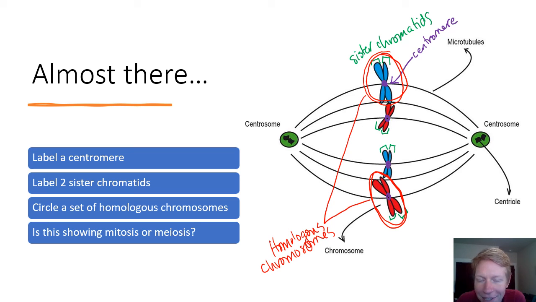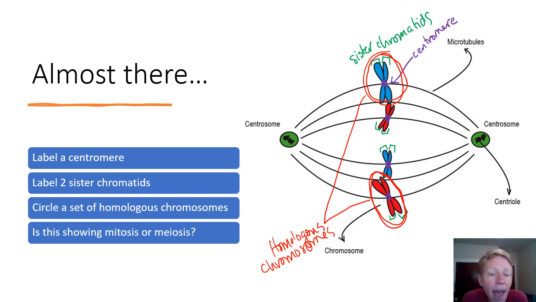All right, in this picture here, I want you to think about, is this showing mitosis or is it showing meiosis? This is actually a fairly tricky question. We have to figure out what's happening here. What we can see is all four of those chromosomes are lined up in the middle of that cell.